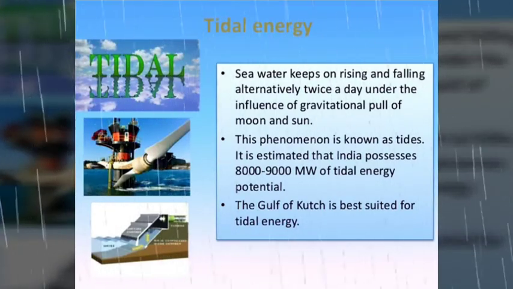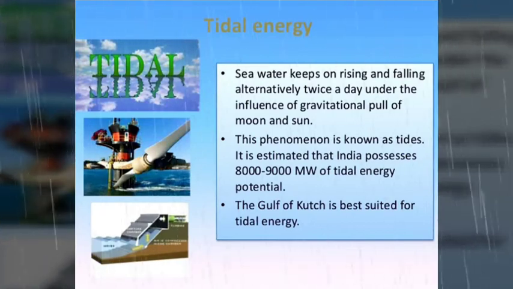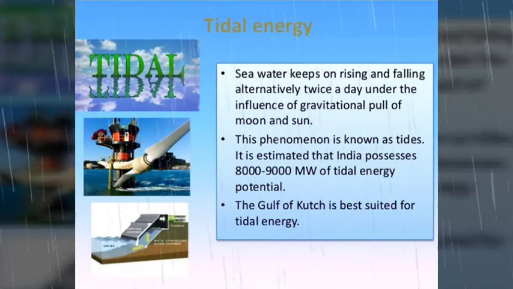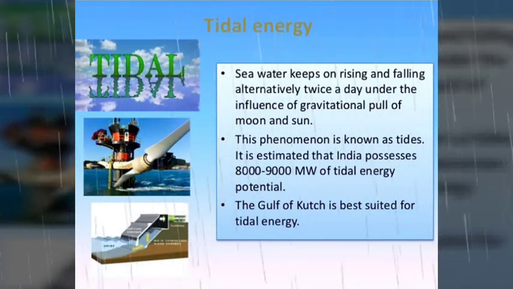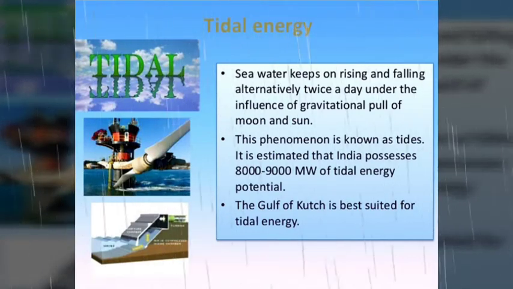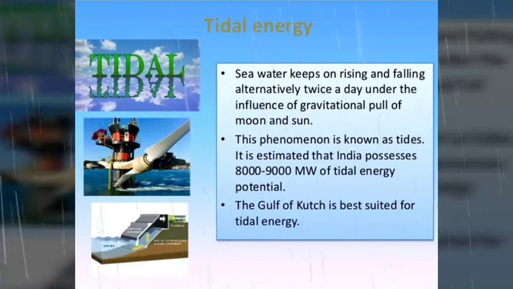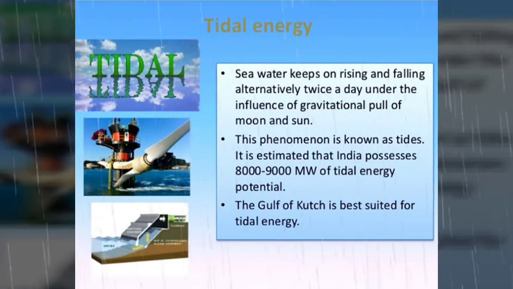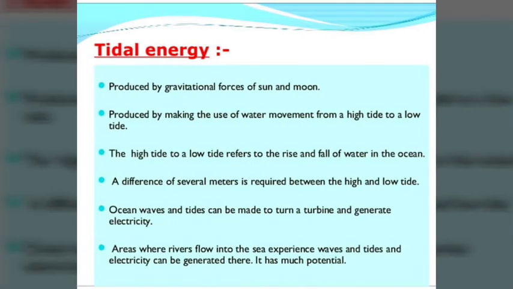Now, the third, tidal energy. How can we make tidal energy? Sea water keeps on rising and falling alternately twice a day under the influence of the gravitational force of the moon and sun. This phenomenon of rising and falling of tides is known as tidal energy.